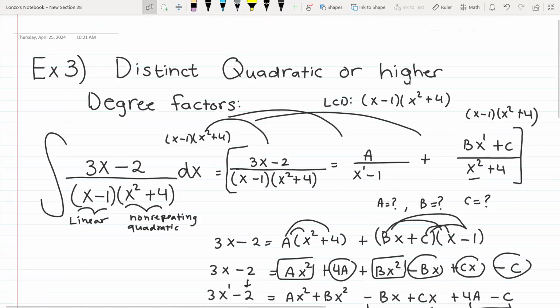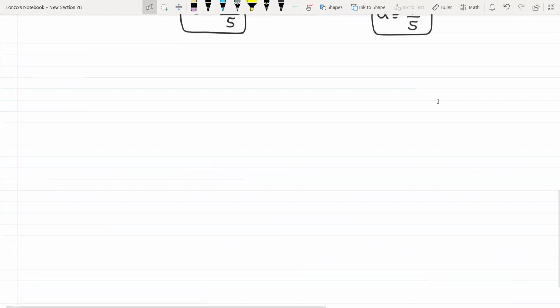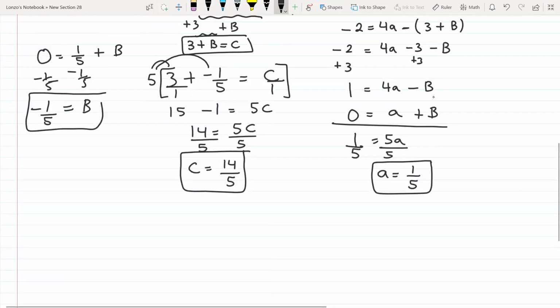Now we can write out our integration. So it decomposes as what we said it was.